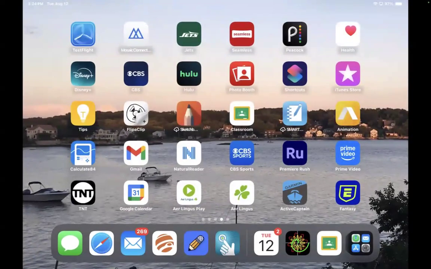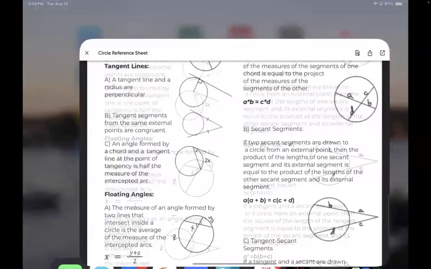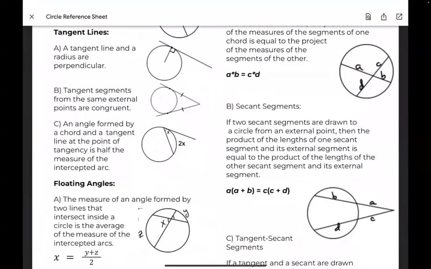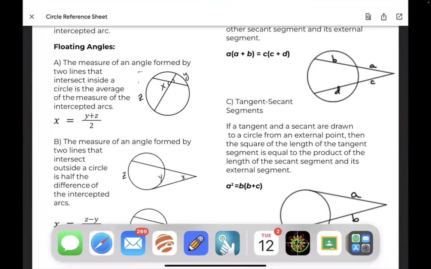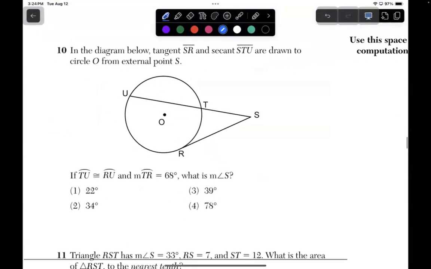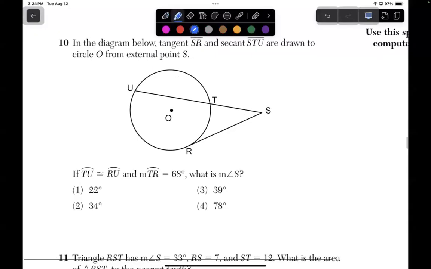So let me show you what fact that is here. That's going to be this floating angle over here. So x equals z minus y over 2. Let's take a look at that. They told us that we have a tangent, which is this thing, and we have a secant, which is this thing.